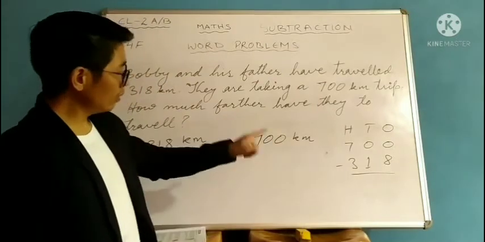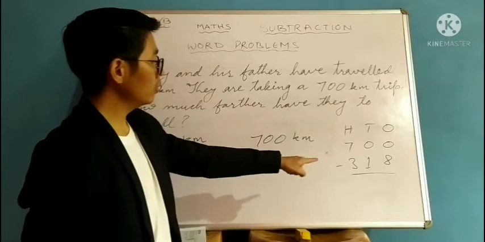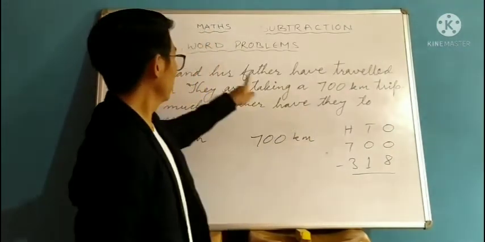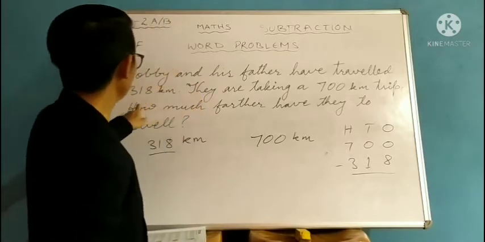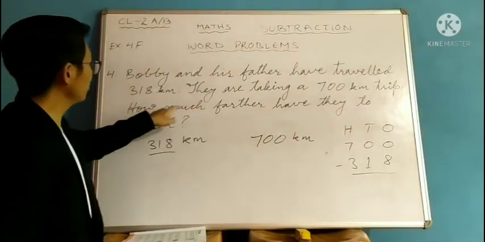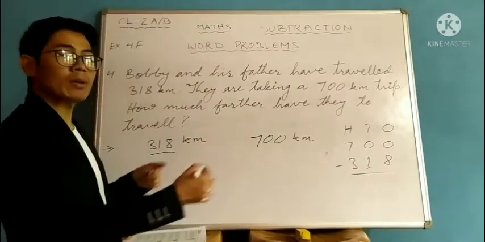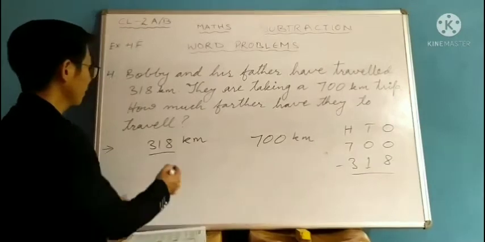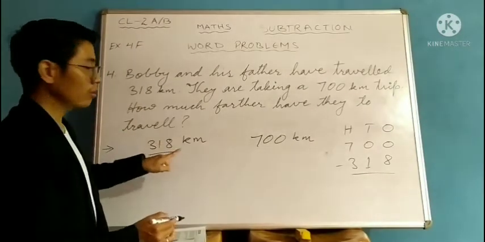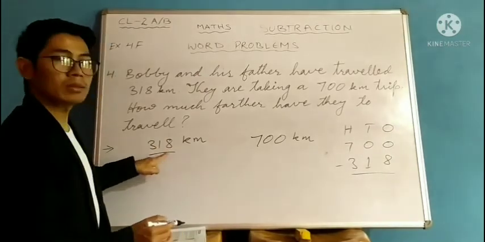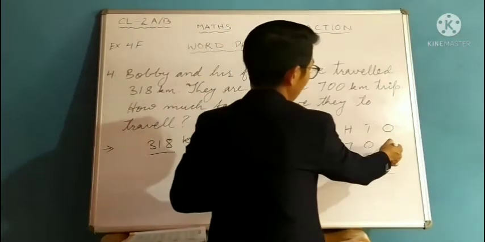When you subtract these two numbers, the number you get will be the answer. What is the question? How much farther do they have to travel? They have traveled only 318 kilometers till now. Now let's do the sums.